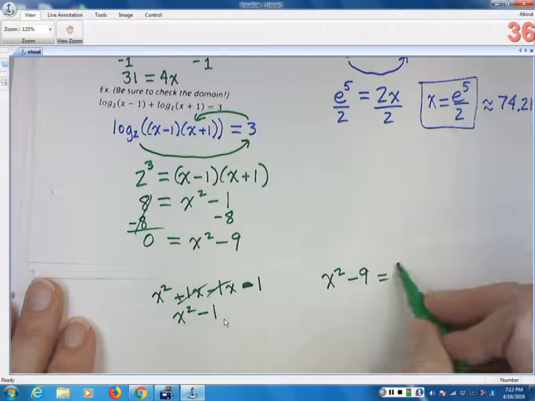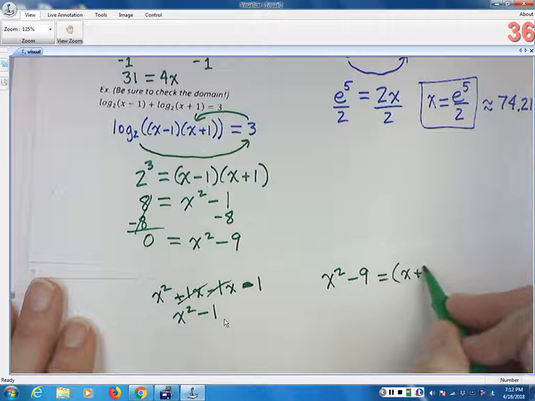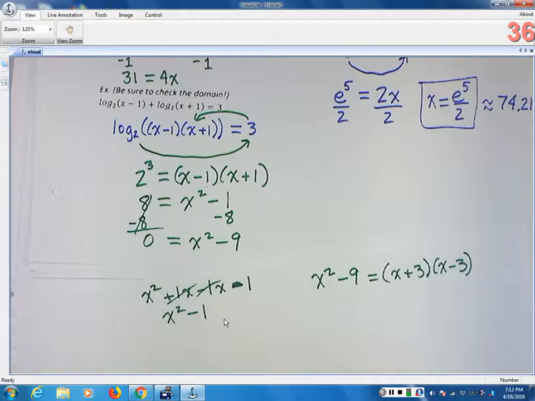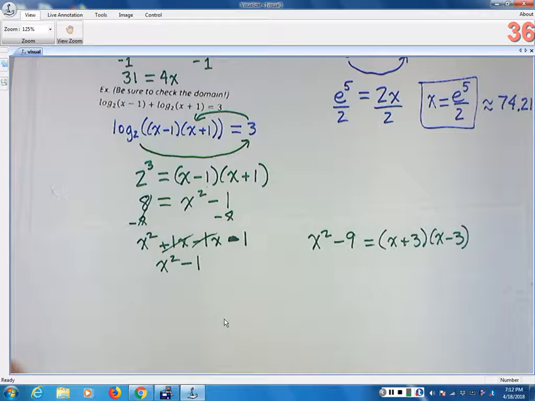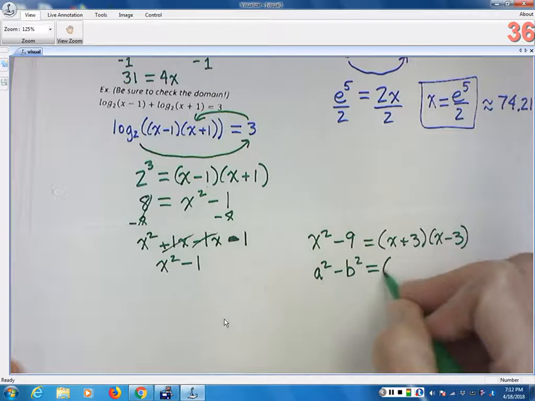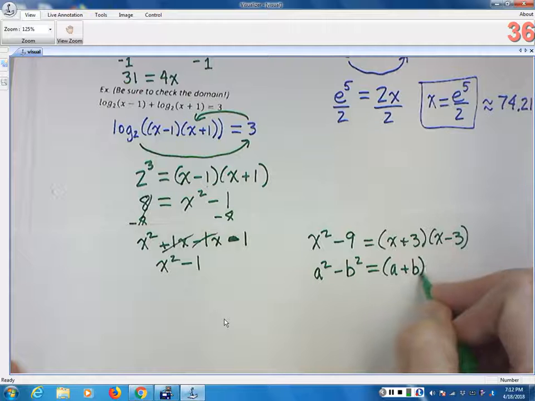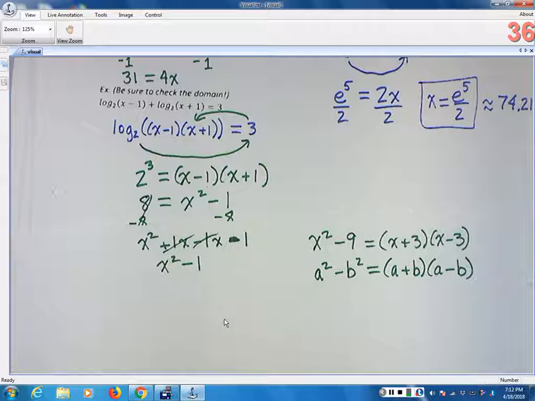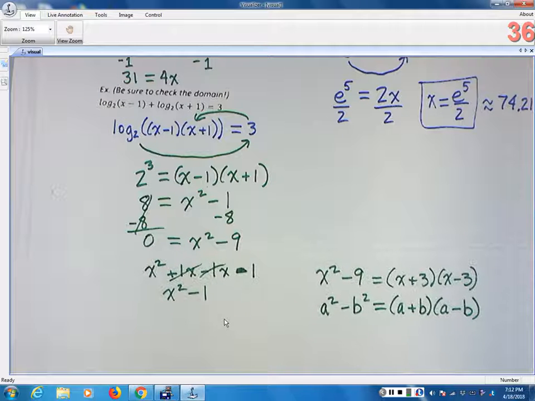It factors into x plus 3 times x minus 3. That's the difference of perfect squares. You should have that memorized. It always factors. a squared minus b squared always factors into a plus b, a minus b. Okay, so you're going to factor that. So we're continuing to solve.